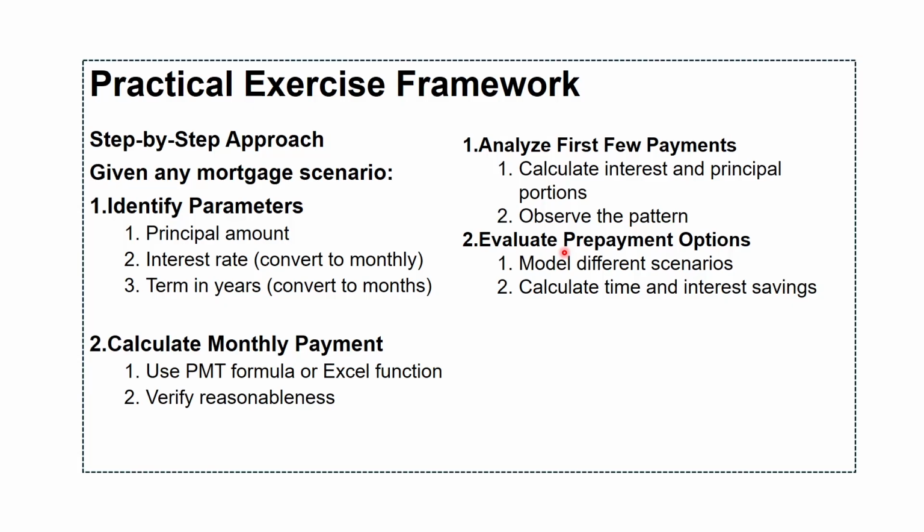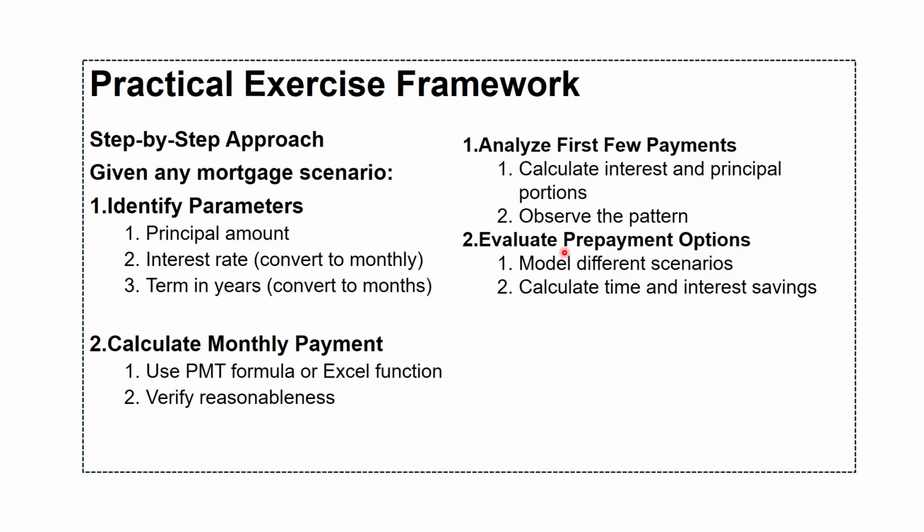Second, calculate the monthly payment, using the PMT formula or Excel function. So, we have seen different Excel functions, or if you are comfortable doing it manually, then you can do it manually, but I would suggest that an Excel function is a better and more reliable method. So, use that to calculate your monthly payments.